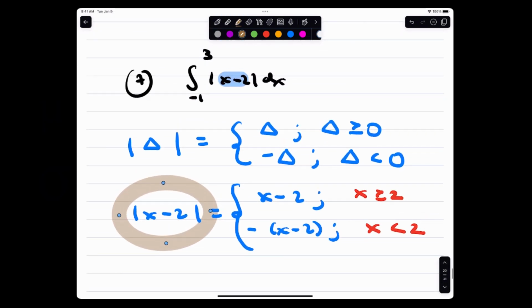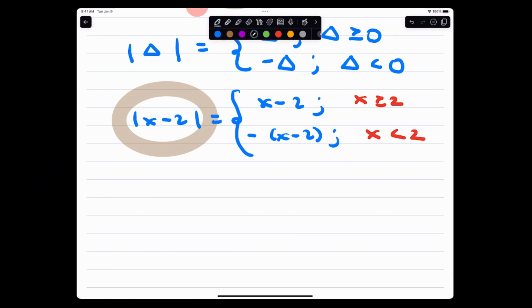Right in there, it's a piecewise function. But then the real problem is people say, well, what about the limits? You're going from -1 to 3 here. Is that right? So you're going to write this as a sum of two functions.